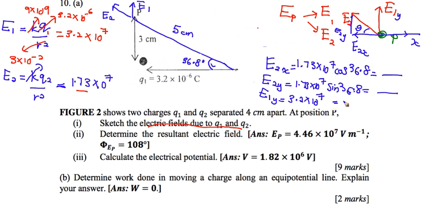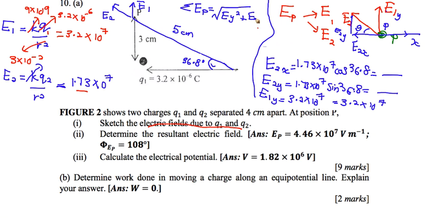Okay, so this is 3.2 exponent 7, and the last step, you can find the resultant at the point P because of E1 and E2. So the value of the resultant E at the point P is equal to the square root of Ey squared plus Ex squared.